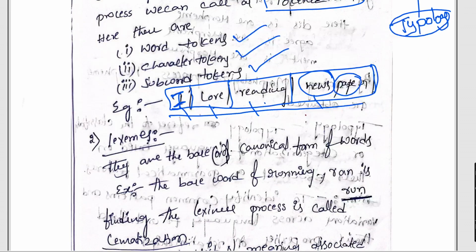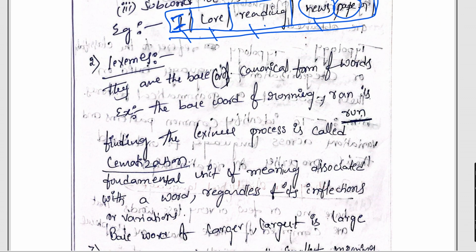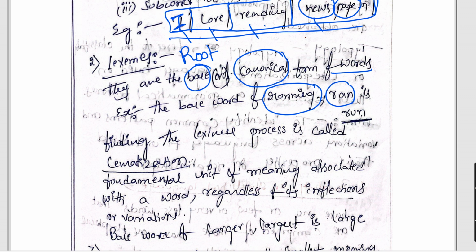Okay, then we go to the next component, lexemes. As I just discussed, a lexeme is a root form, root word, base word, or canonical form of the word. For example, the base word of running and ran is run.